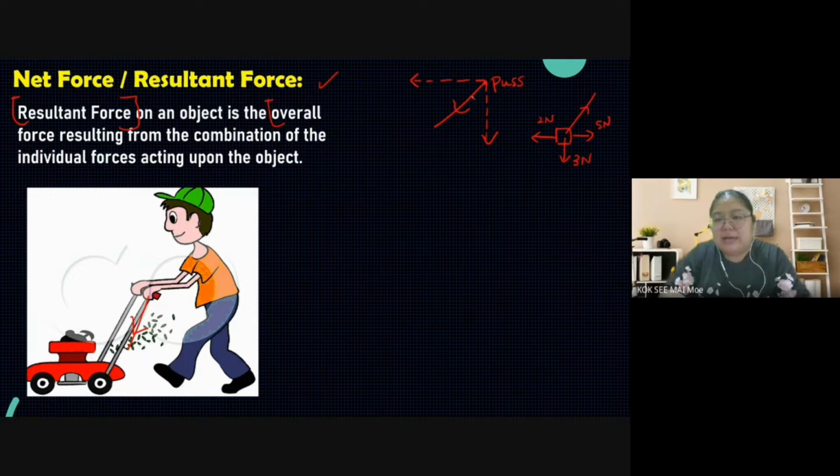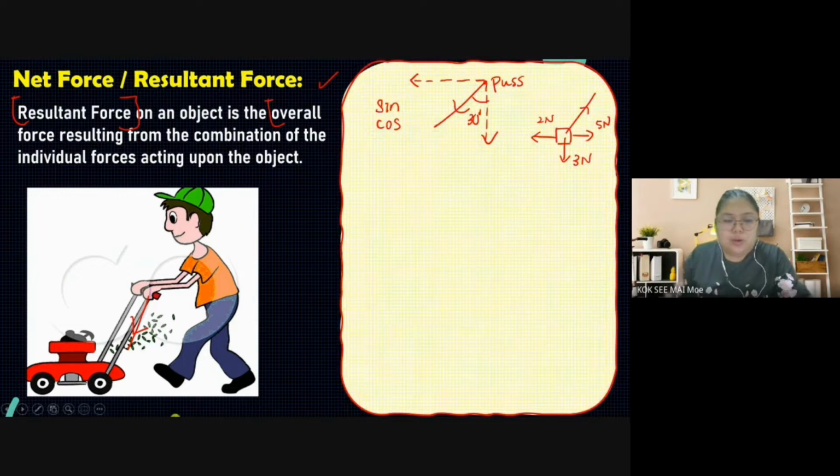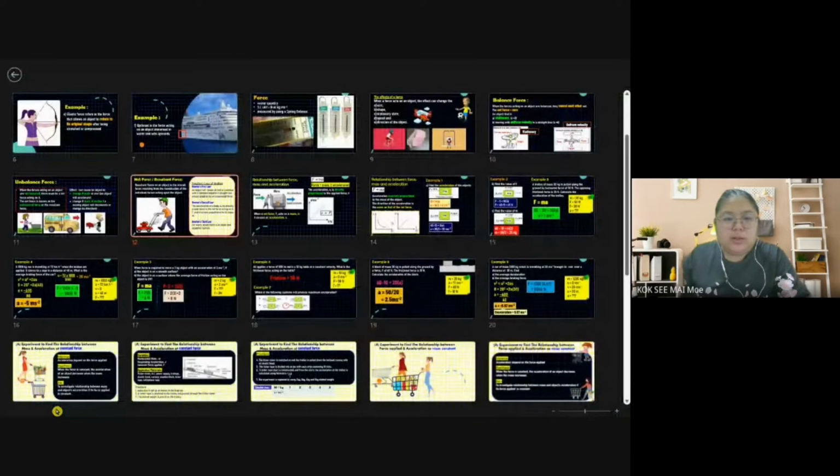Because they have an angle, they must tell you the angle, for example 30 degrees. So I separate into horizontal and also vertical. Later, we need to use mathematics, sine and cos, to settle it. So this one is Form 5. We need to find out the resultant force, but the Form 4 syllabus still doesn't have it. Okay, so from here we can see some more. This one introduces Newton's laws of motion.